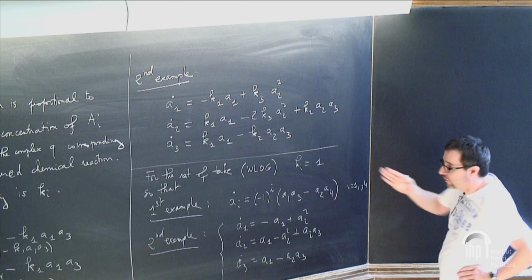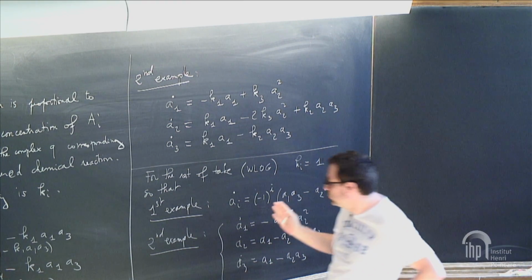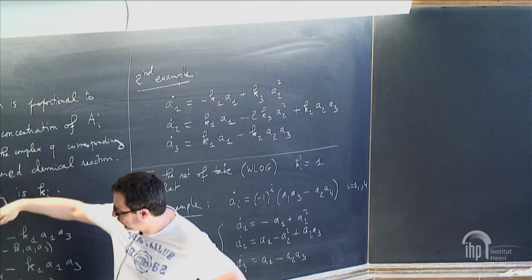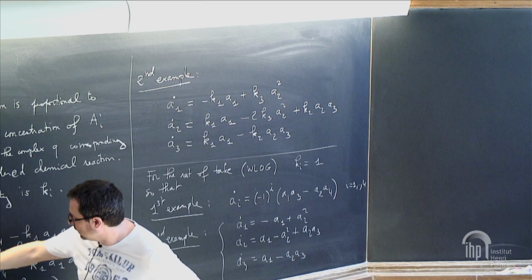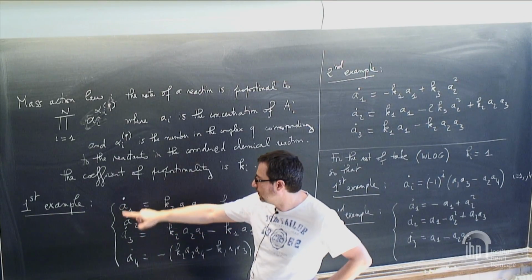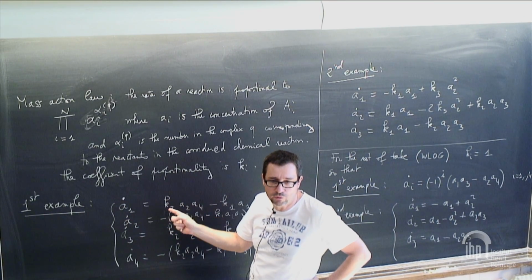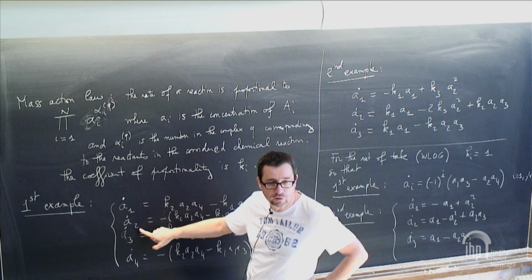And in the examples that we have chosen, it's easy to see that if you add A1 and A2, you get that A1 plus A2 dot is equal to 0, so A1 plus A2 is conserved.